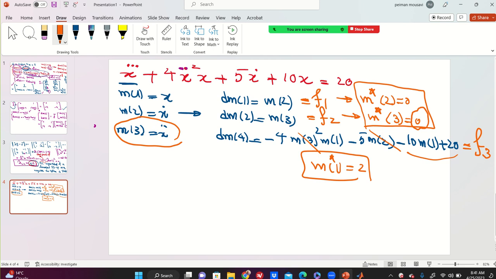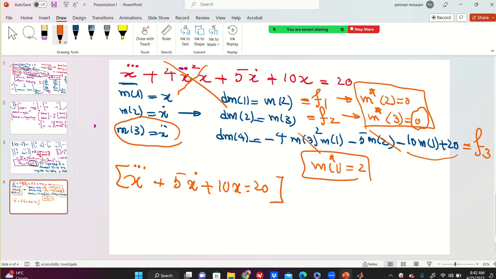In linearization, I say, okay, bye-bye. So what remains here is x triple dot. Look at me very carefully. Plus x dot plus 10 x is 20.